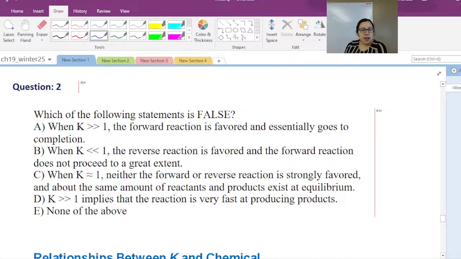So let's look through these statements. Let's read A. K is much, much greater than 1. The forward reaction is favored and essentially goes to completion. So that's true. B: when K is much, much less than 1, the reverse reaction is favored and the forward reaction does not proceed to a great extent.